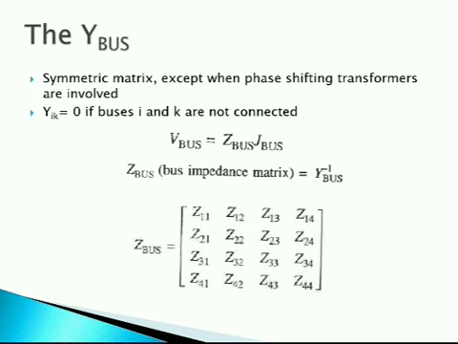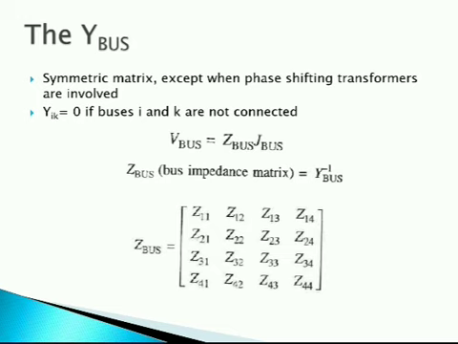When these transformers change the phase of the voltage, the Y bus will not be symmetric. But in the general case, that is 99% of the time, the Y bus is a symmetric matrix. Okay, and Yik is 0 if there is nothing connected between buses I and K.